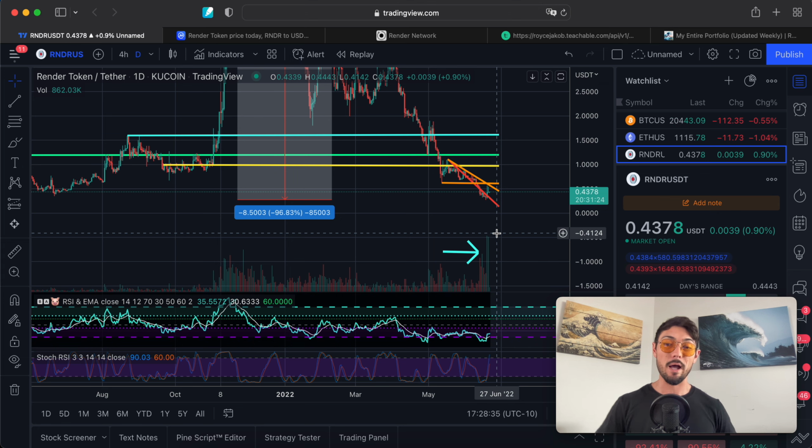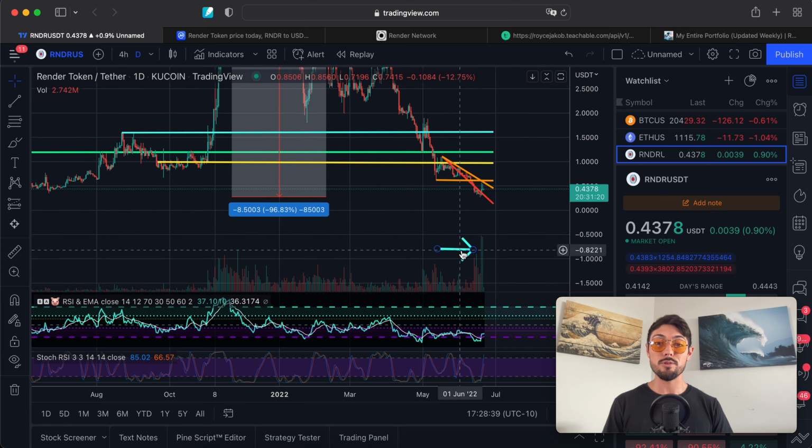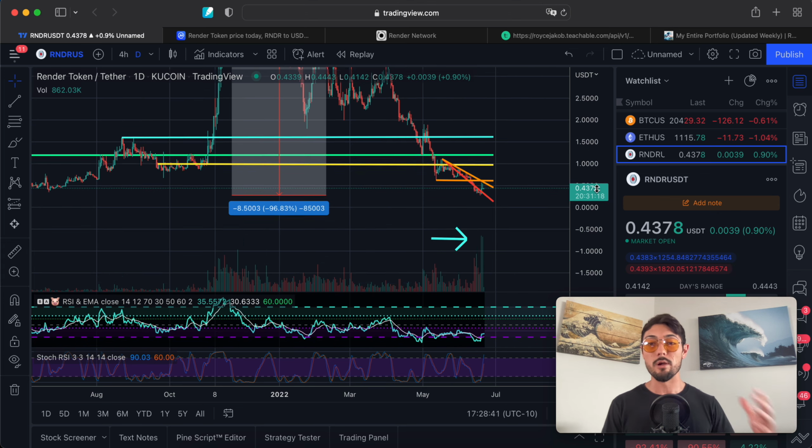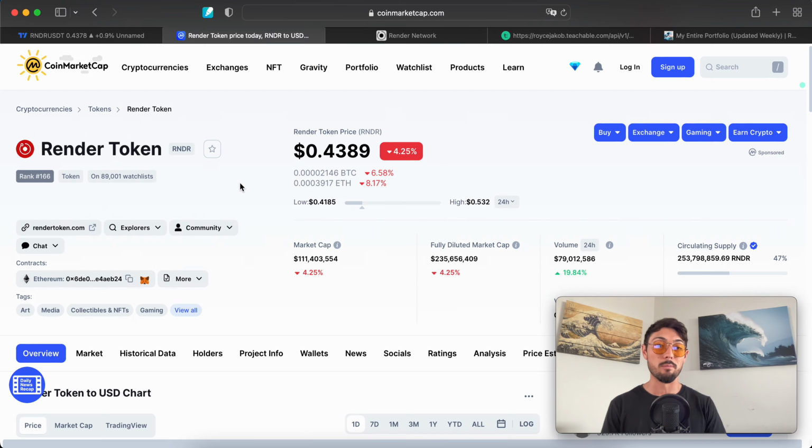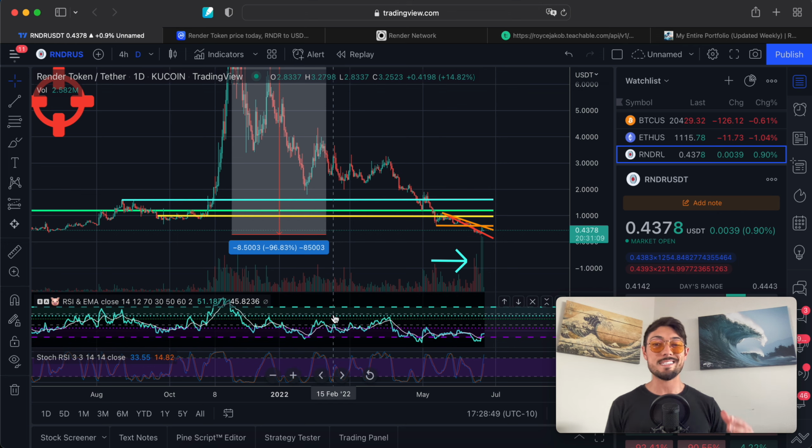You guys get what I'm saying, but it's amazing to see Render seeing such impressive levels of volume, especially considering we are now in crypto winter, on a play that's ranked 166 on CoinMarketCap, so under the radar. To see this much liquidity in such a low-key coin really speaks to the potential here.